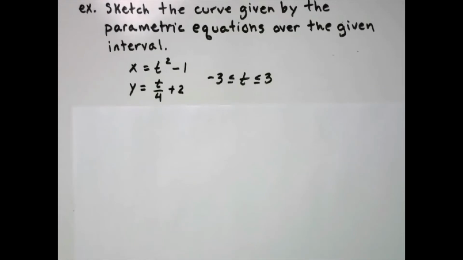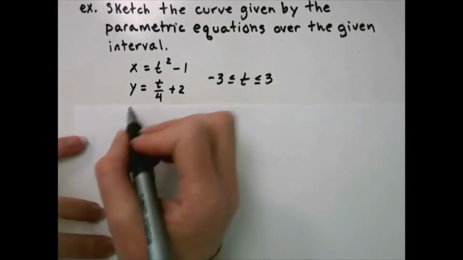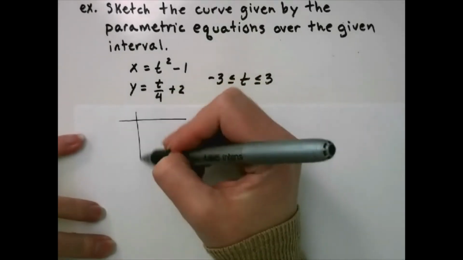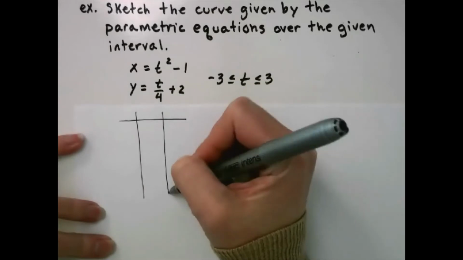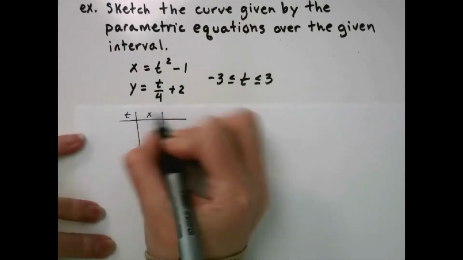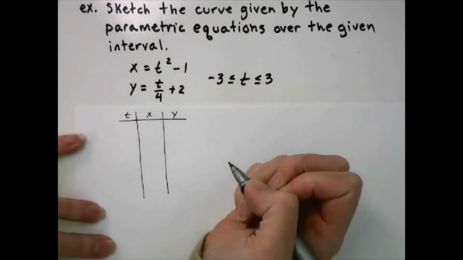So anytime we're graphing something new, plugging in points is the way to handle this. So what I'm going to do here is create a chart with 3 columns. We're going to have a t, an x, and a y.